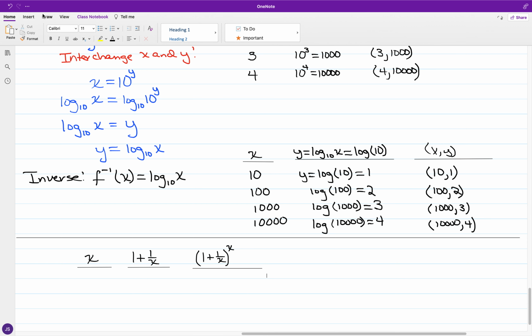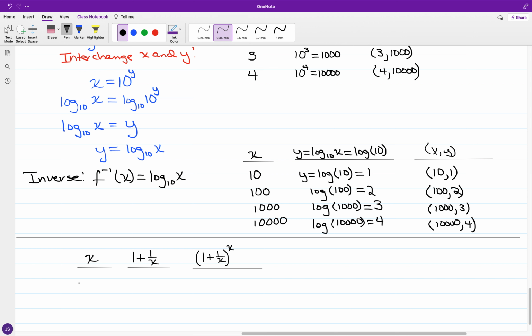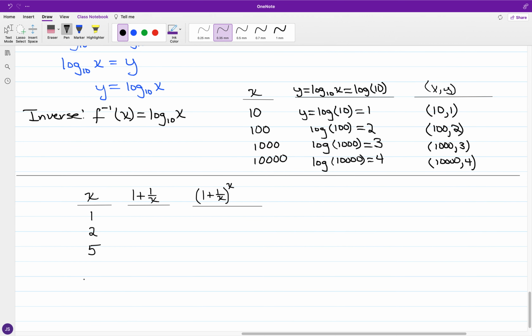Among the numbers here, we'll have x at 1, as well as 2, 5, as well as 10, and then x at 100, and then x at 10,000.